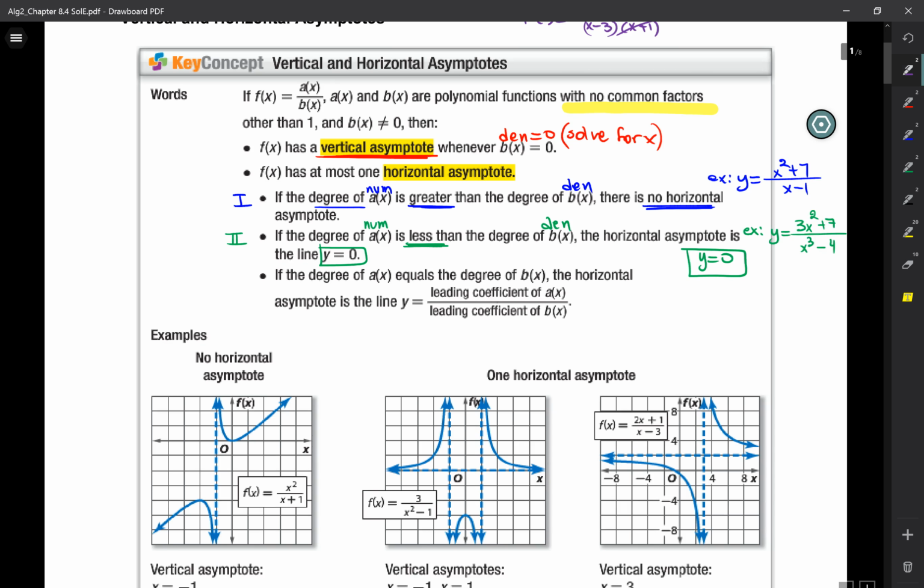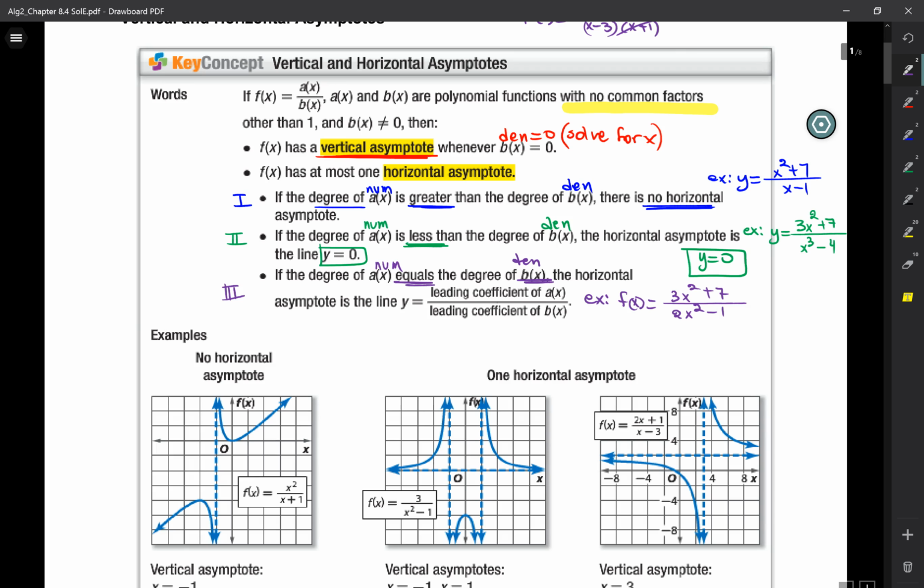Okay, the third case is, what if the degree of the numerator equals the degree of the denominator? Then what you do is you take the term with the highest exponent from the top and the bottom, and you just divide them. So for example, suppose you have f of x equals 3x squared plus 7 over 2x squared minus 1.